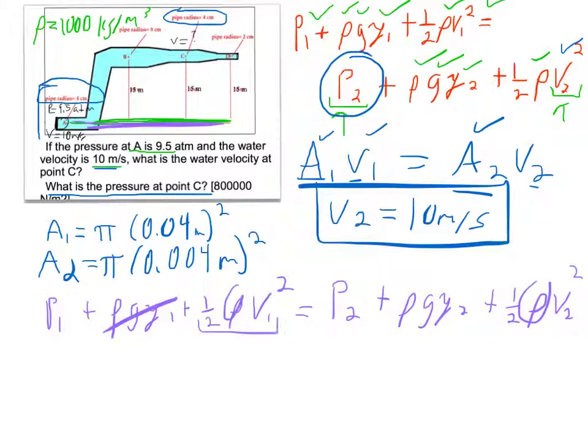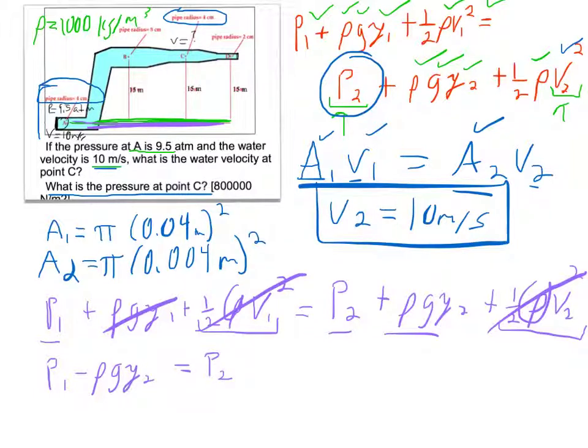If these two terms are the same, and I were to subtract one of the terms from one side, I would have to subtract it from the other side, and it would simply turn to 0. So if those two terms are the same, they will cancel out. And now the equation is just P1 equals P2 plus rho g y2. So if I subtract rho g y2, I have P1 minus rho g y2 equals P2.